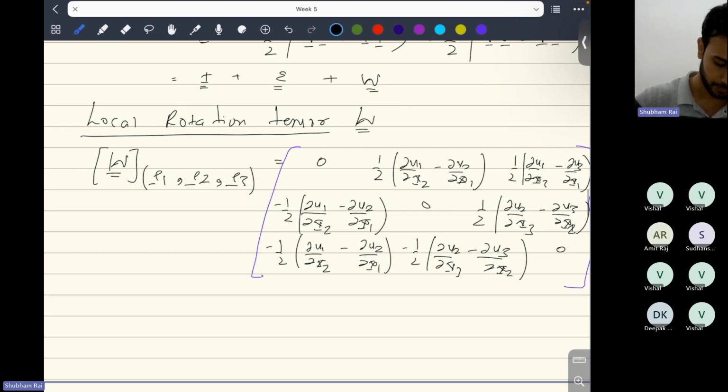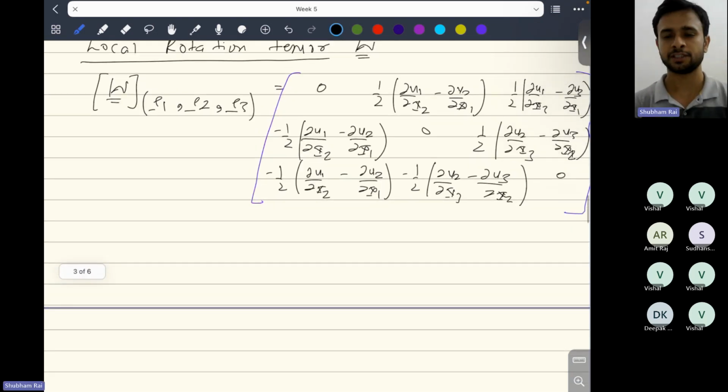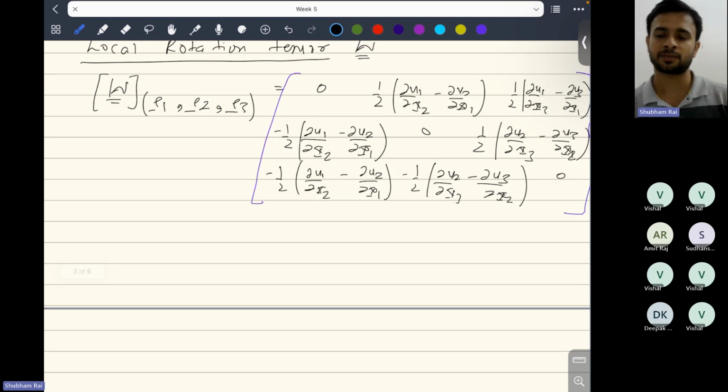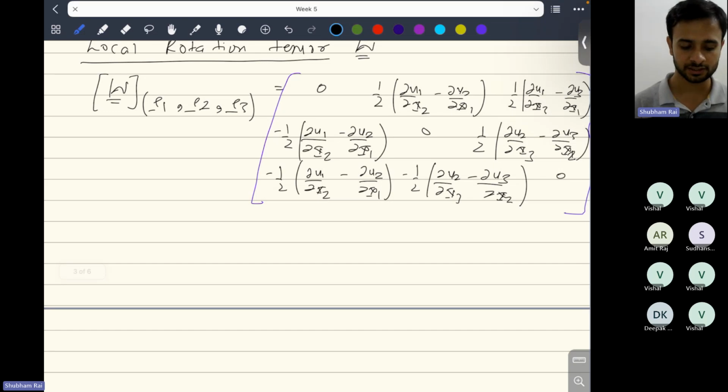Also, you would have studied in the previous lecture that we can express any antisymmetric tensor in terms of a vector, and that vector is known as the axial vector of that tensor. So we can write this antisymmetric tensor W in terms of its axial vector.